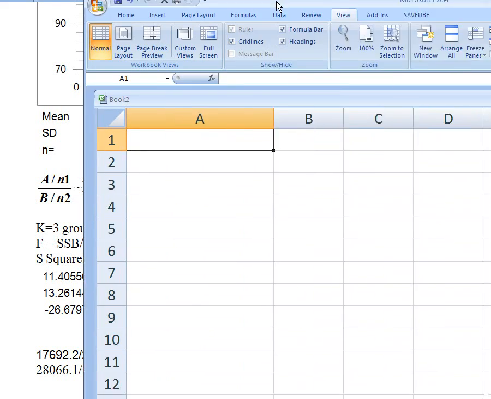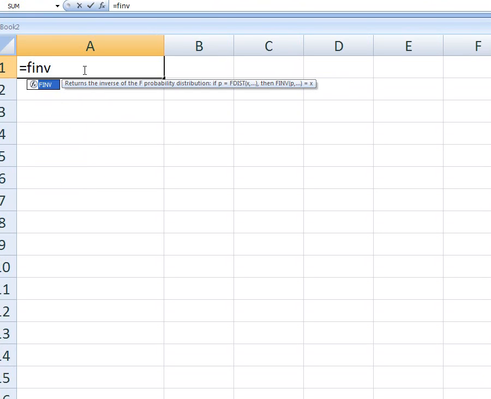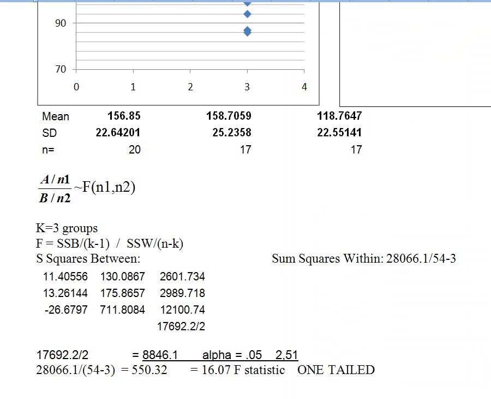Now if we go over to Excel, we'll use this same command that we used before, F inverse, so equals FINV, and we're going to put all of our alpha in the one tail, so 0.05 in the right tail with 2 numerator and 51 denominator degrees of freedom, tells us that our F critical is about 3.18 here.